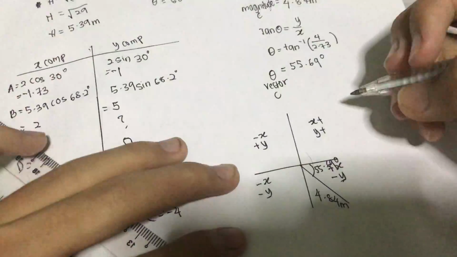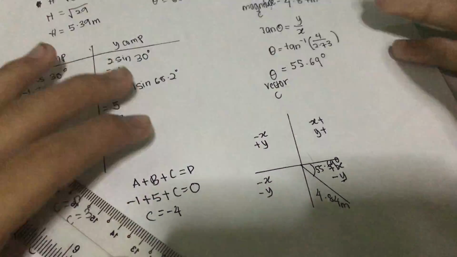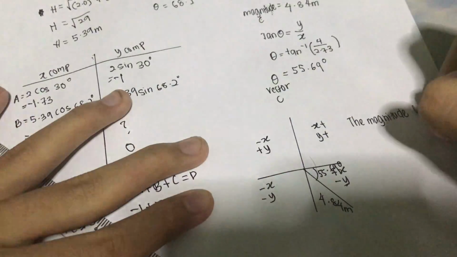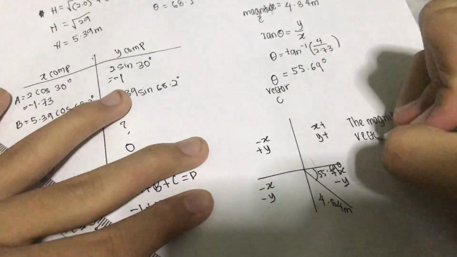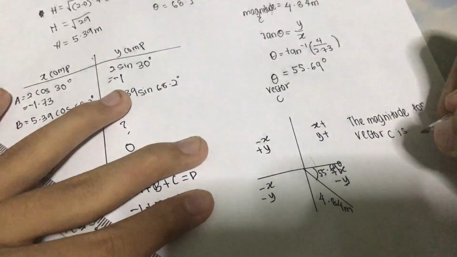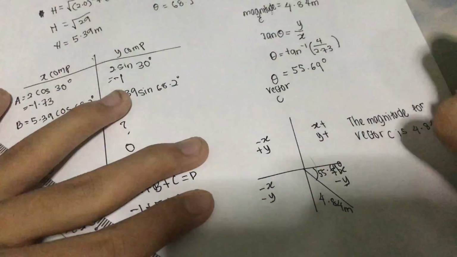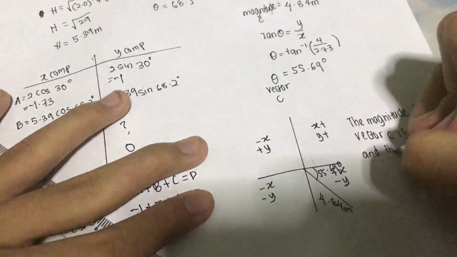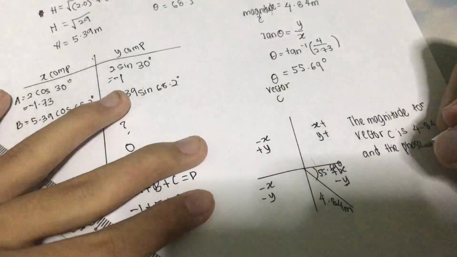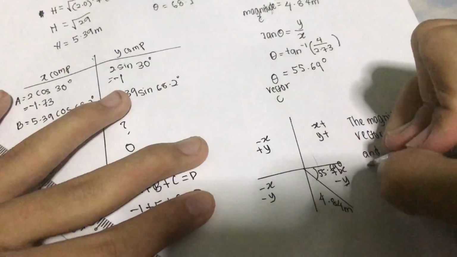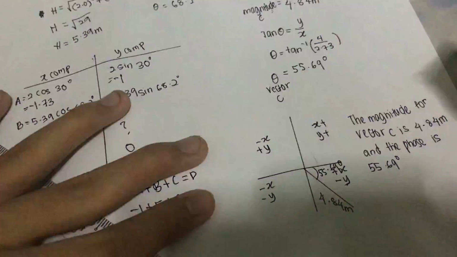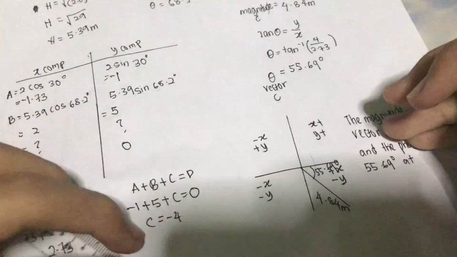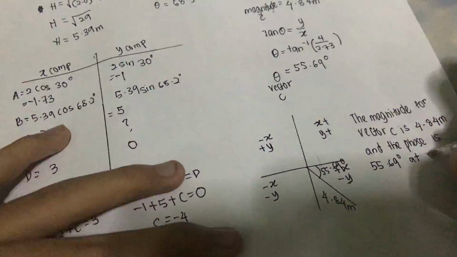So the magnitude for vector C is 4.84 meter, and the phase is 55.69 degrees, at the fourth quadrant.